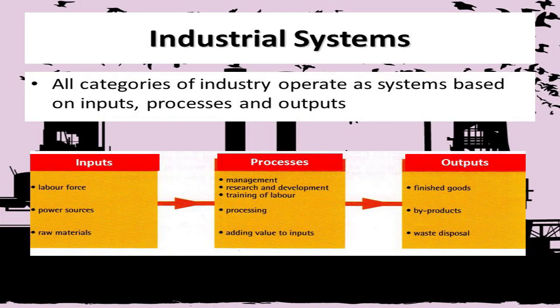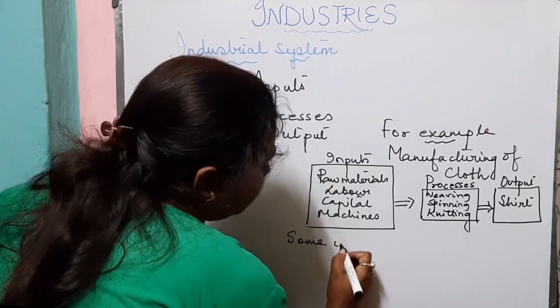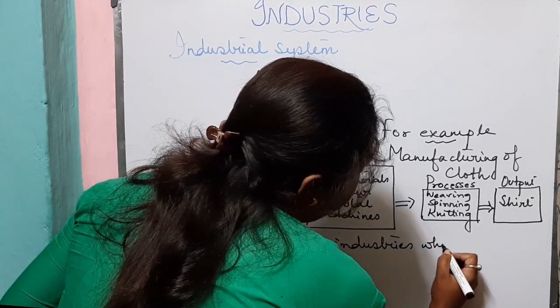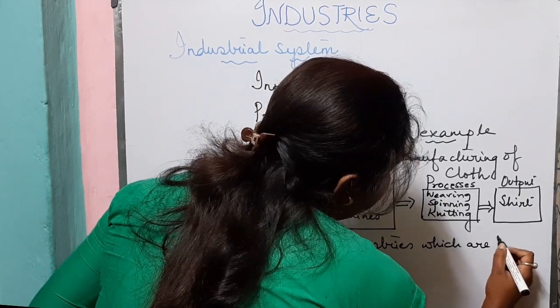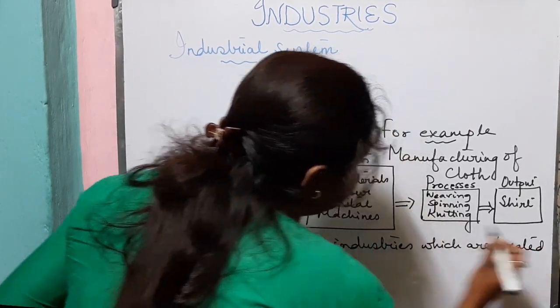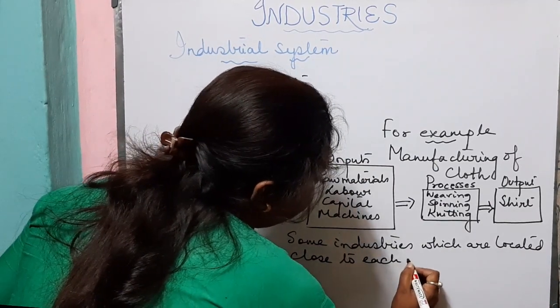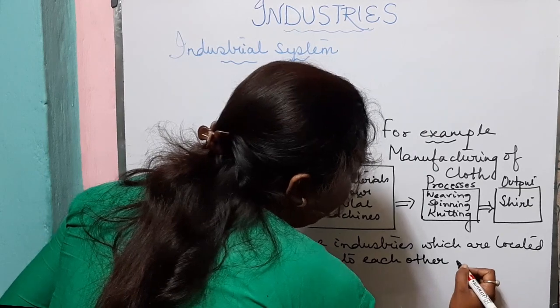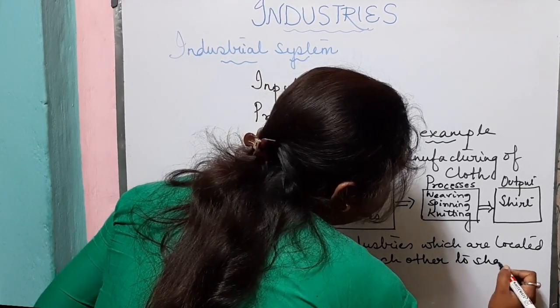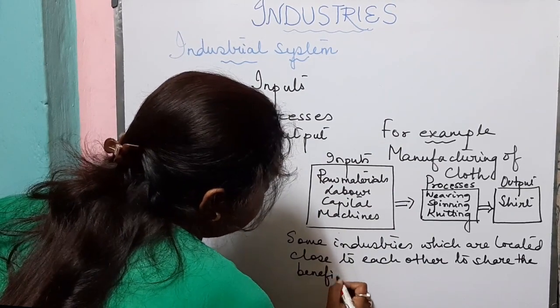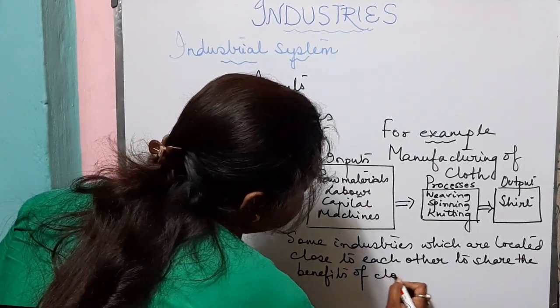Now we will see that there are some industries which are located close to each other. Why? To share the benefits of closeness.